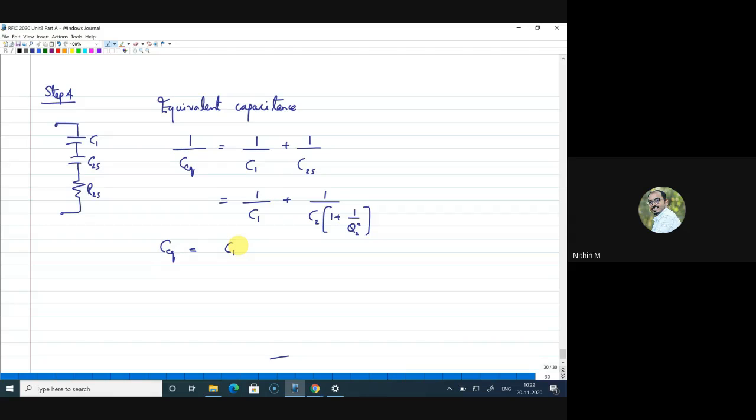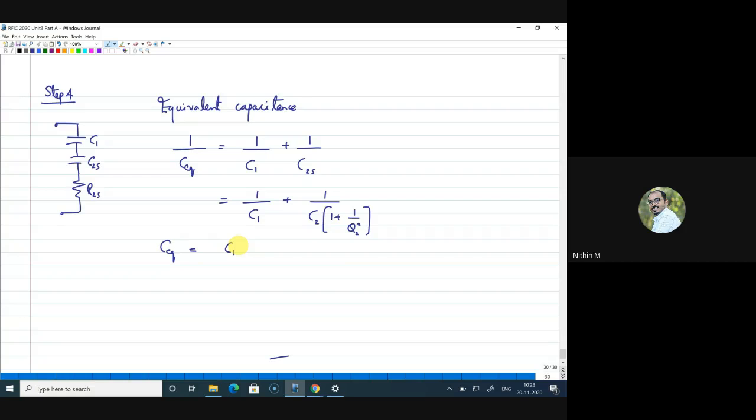Or this can be further written as C equivalent is equal to, can one of you solve and tell me what will be the equivalent capacitance? Sai Sumant, are you there? Sai Sumant is not there.